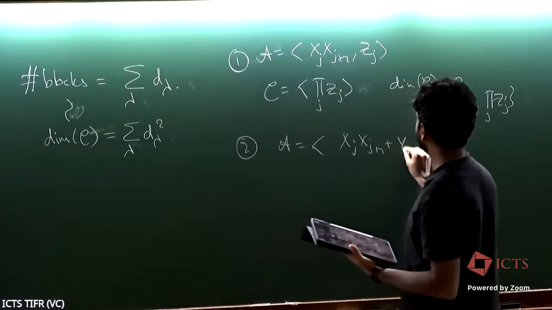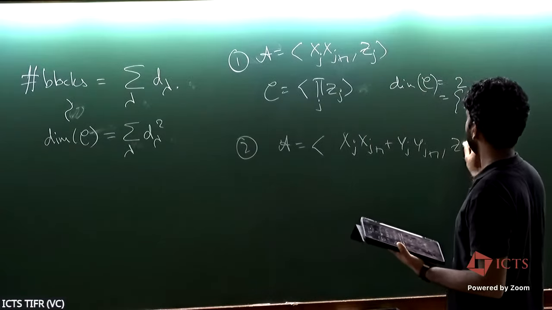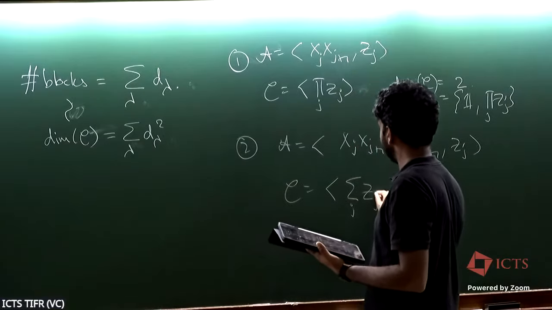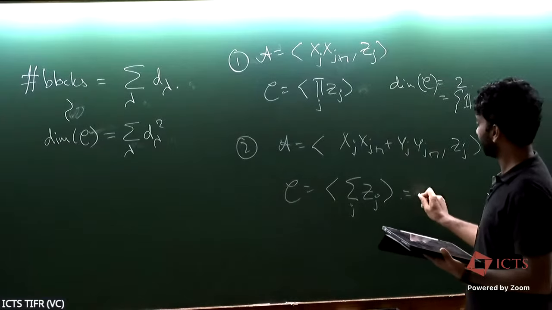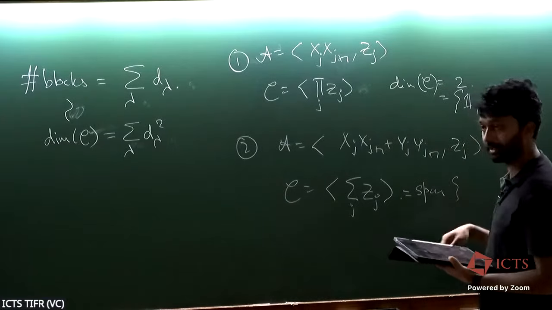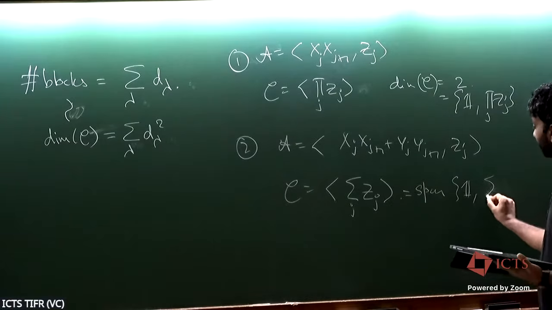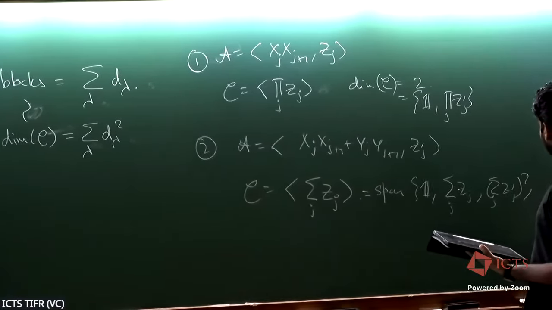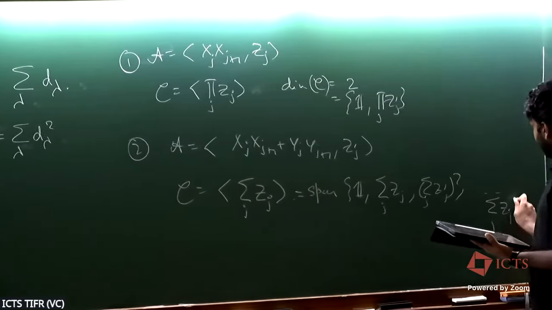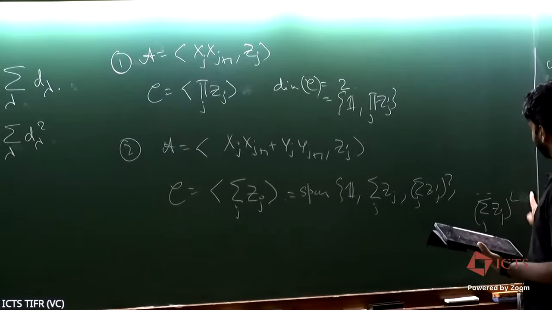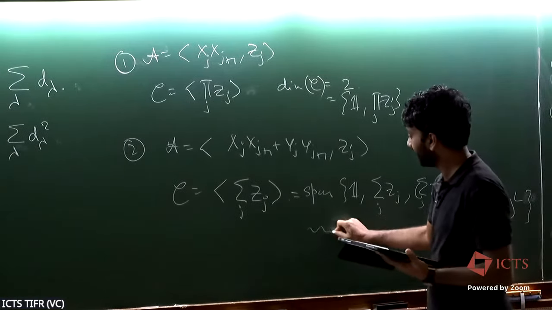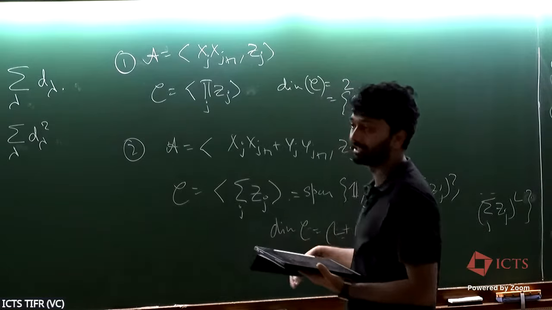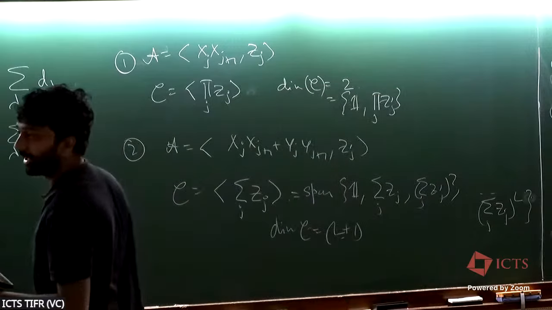So you take XX and Z. The commutant is basically generated by the sum over Zj, and if you look at how many linearly independent operators there are, this is just identity, sum over Z, the whole square, and so on, up to sum over Z to the L. So the dimension of the commutant is L plus 1, which is basically the number of blocks you get with a U1 symmetry.